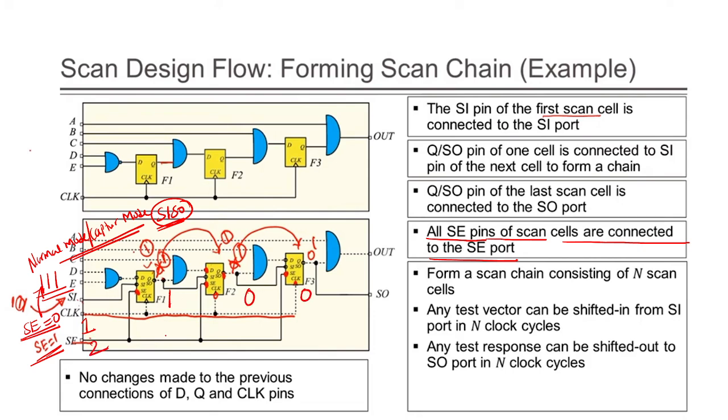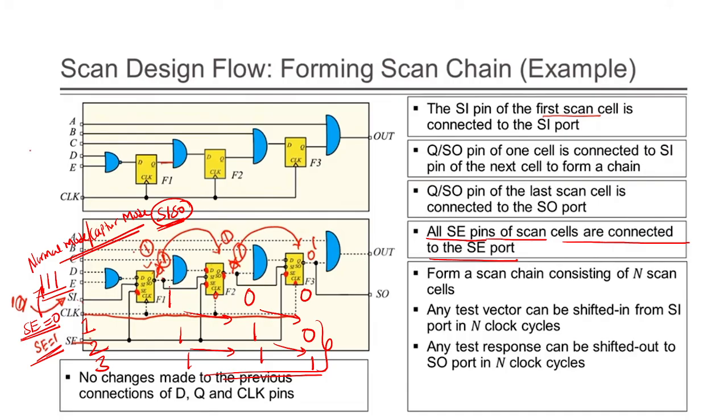At the second clock pulse, this will be shifted, so here you will get 1, here 0, and here 1. And at the third clock pulse, what happens? Here you will get 1, here 1, and here 1. Okay, so it is acting as a shift mode. That means here it forms a scan chain.